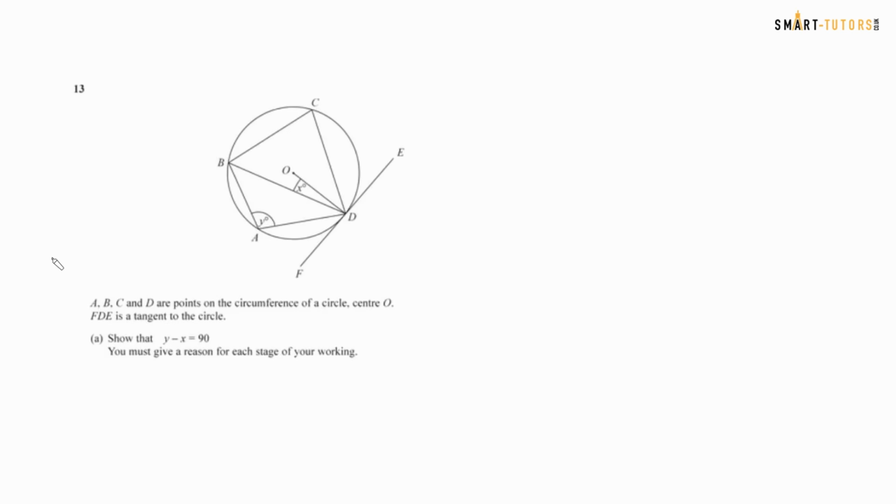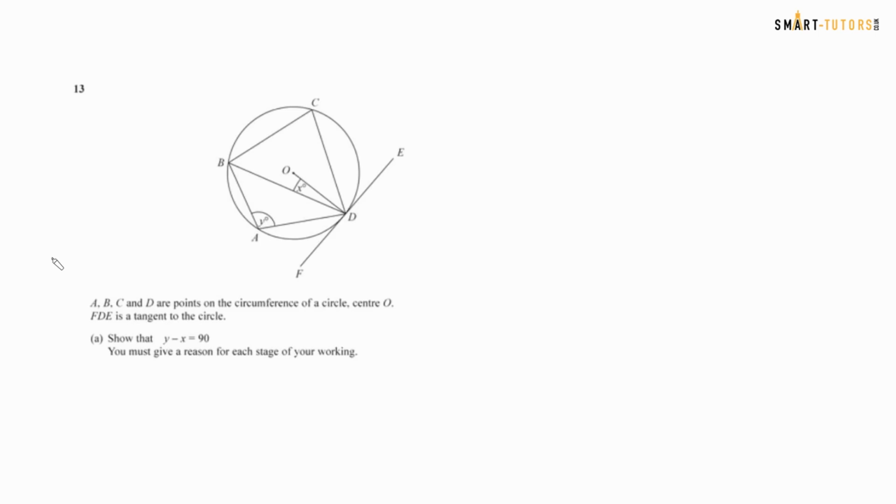Question number 13. It's a circle theorem. A, B, C and D are points on the circumference of a circle, center O. F, D, E is a tangent to the circle. Show that y minus x equals 90.